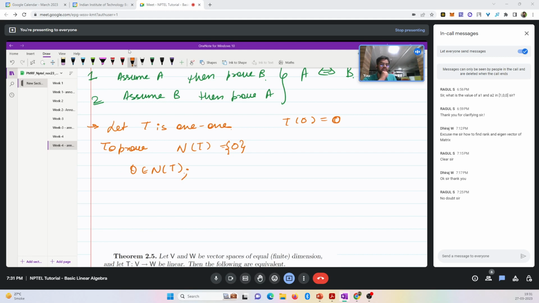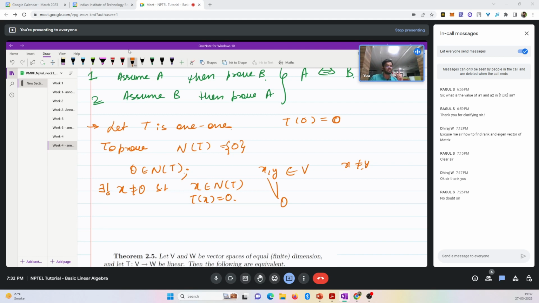Also, we are given that T is 1-1. That is, there can't be two elements x and y belonging to the vector space V such that x and y are different and they map to the same element. This is not possible. So what this means is that there does not exist x not equal to 0 such that x belongs to the null space of T, that is, T of x is 0.